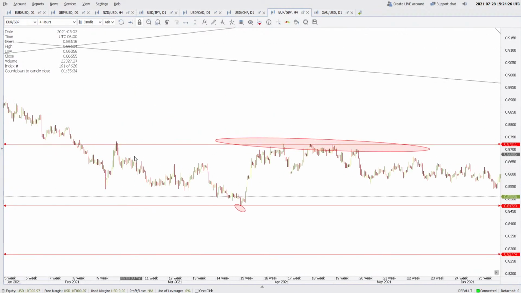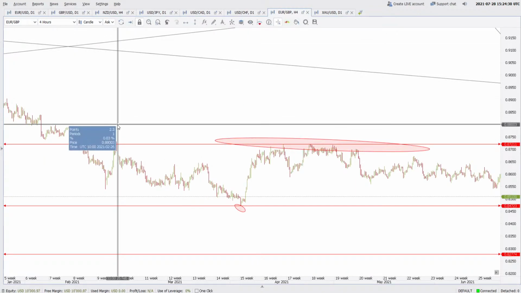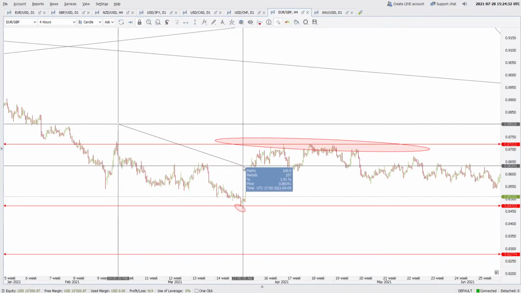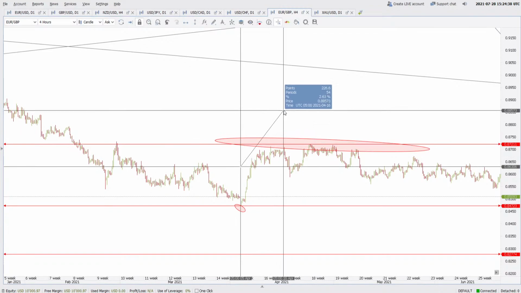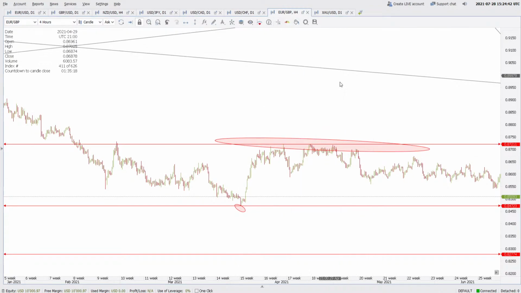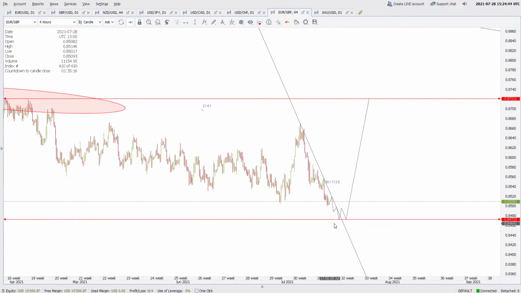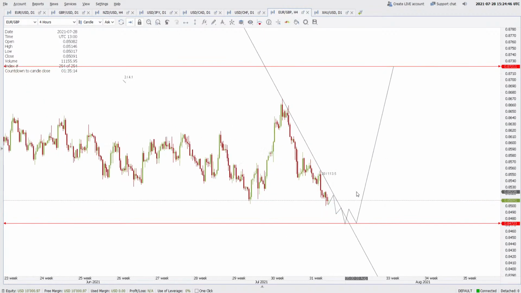A decline of approximately 156 periods was covered back in only 54 periods. So this is what I'm suggesting: if it starts rising, it will rise very fast from here.